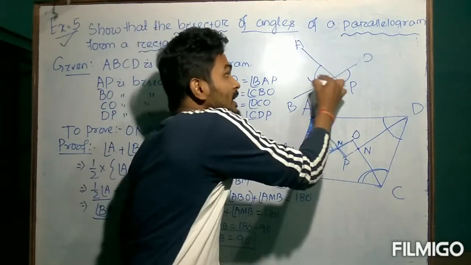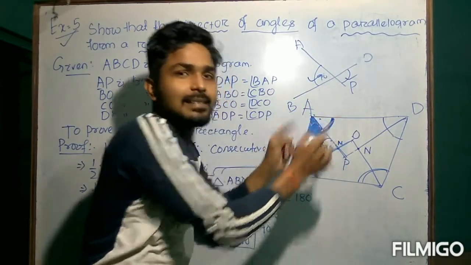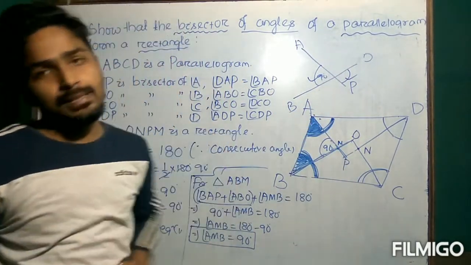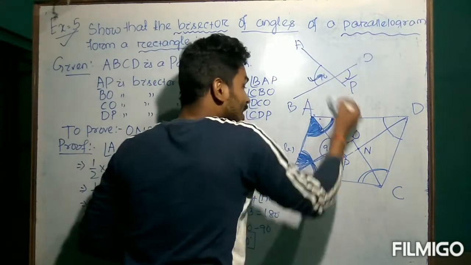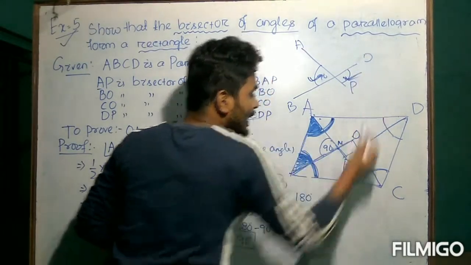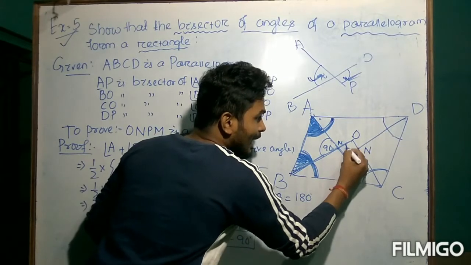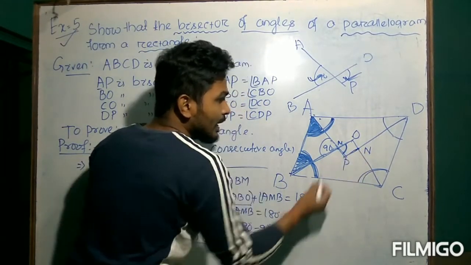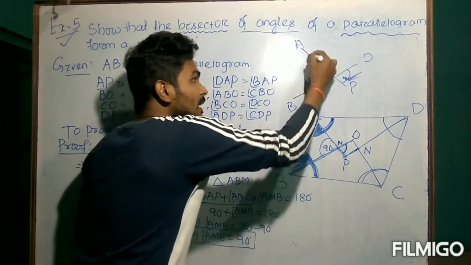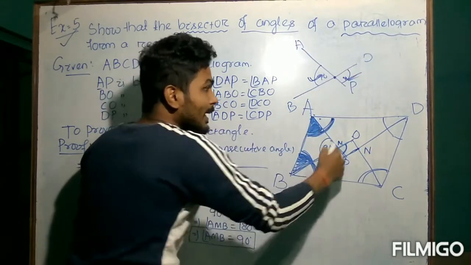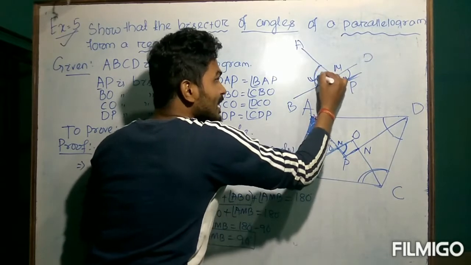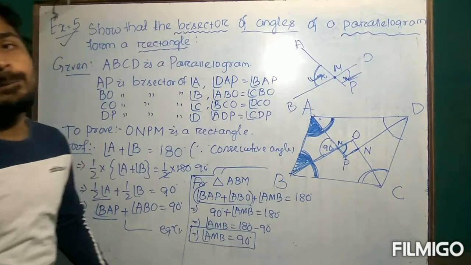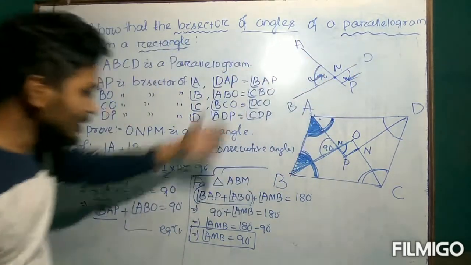Because these two pairs of opposite angles are vertically opposite angles. Carefully look at this. These two are straight lines. They are meeting each other at a common point M. Then if this angle is 90, then definitely this angle must be 90 degree because they are vertically opposite angles.